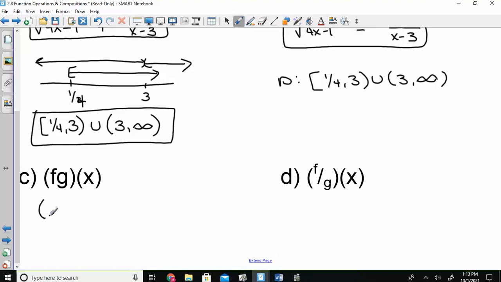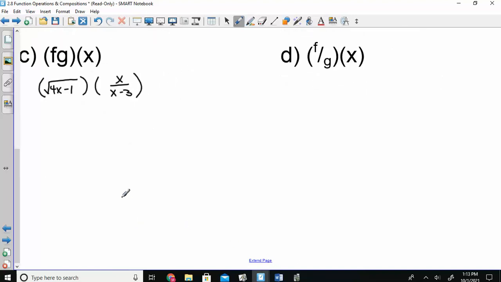F times g. So f is the square root of 4x minus 1 times g, which is x over x minus 3. Multiply those things? We can put them together, can't we? This is just like over 1, so if you multiply the tops, you have x times the square root of 4x minus 1. On the bottom, 1 times x minus 3 is just x minus 3.